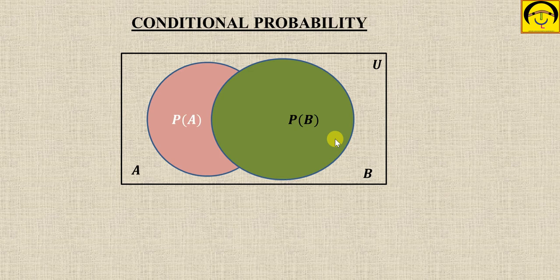So there is a chance that A and B have certain common elements, and there is also a chance that A and B do not have any common elements, means A and B are independent. So let's first consider that A and B have common elements. Let's say its probability is P(A ∩ B).